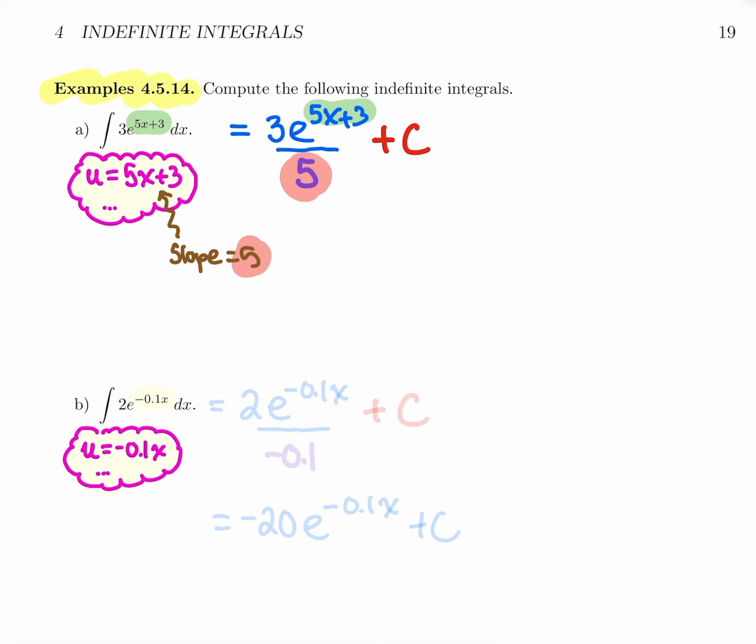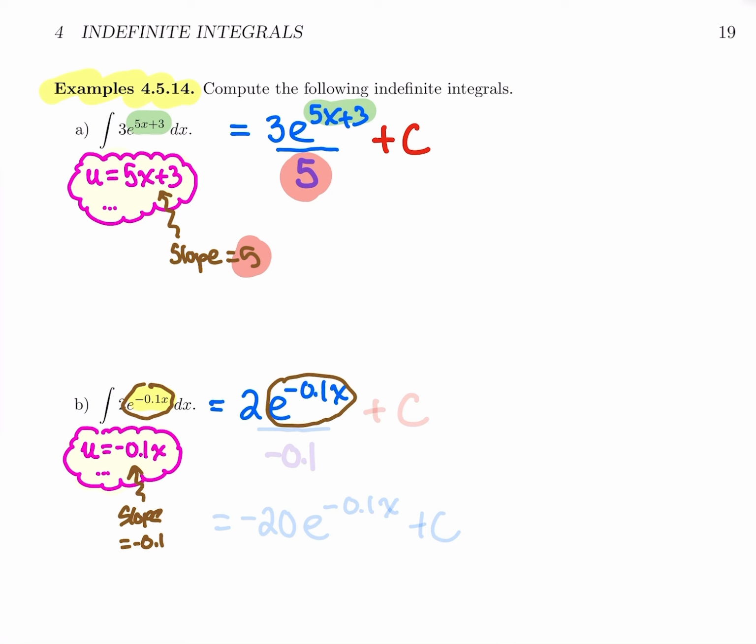If we do it again down there, we have e to the power of minus 0.1x. Again, this is a u substitution where the substitution would be linear, because I know e^x goes to e^x. If I have e to the power of something, it will go again to e to the power of that something. So I'm keeping the 2. e goes to e again.